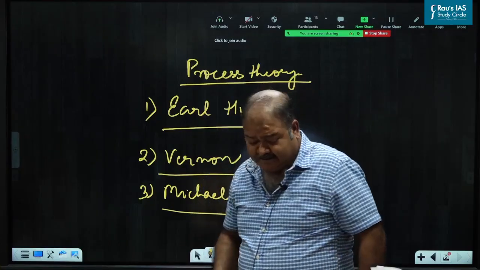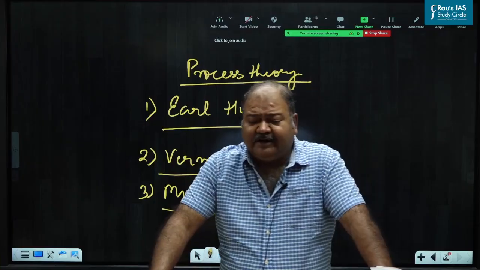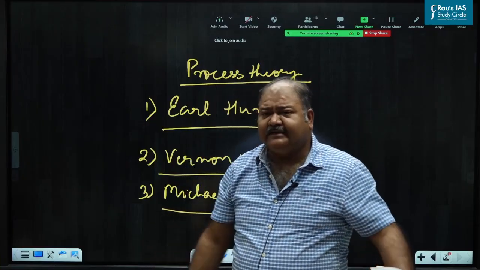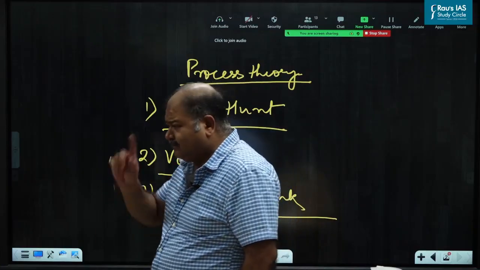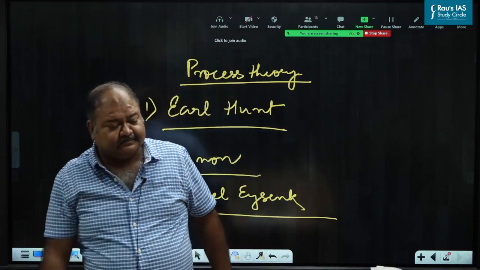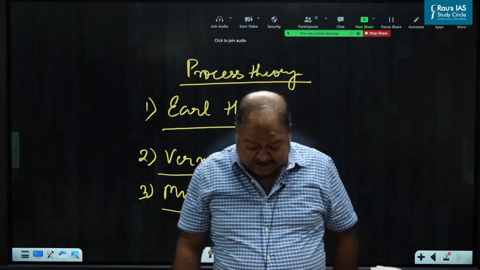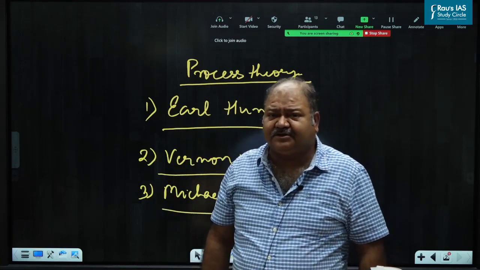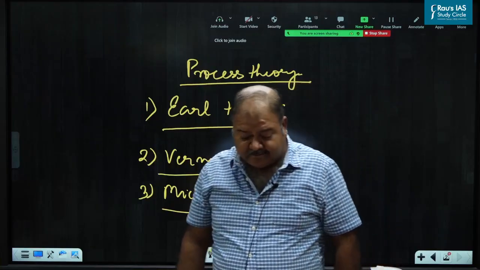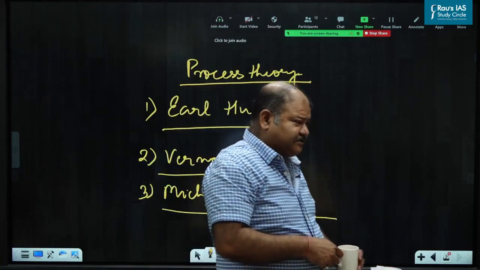Michael Isaac. According to Isaac, intelligence is error-free transmission of information through brain.